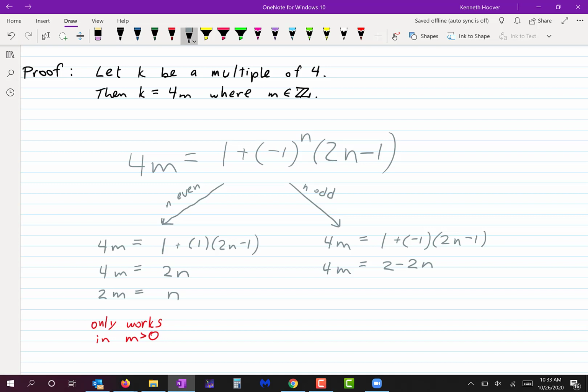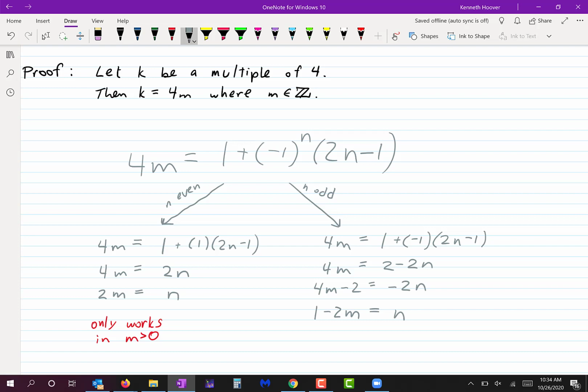Which would mean that 4m minus 2 would equal negative 2n, which would mean that n would have to equal what? 1 minus 2m, correct?